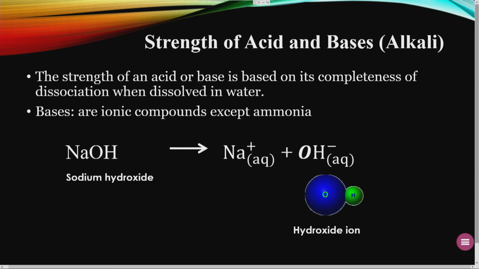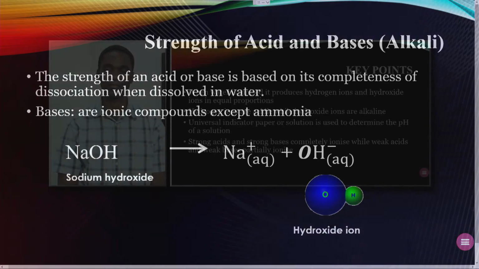For instance, if we should use sodium hydroxide, that would give us Na+ and OH-. Notice that the hydroxide ion is completely separated from the sodium ion. And so we will say that sodium hydroxide is a strong base.